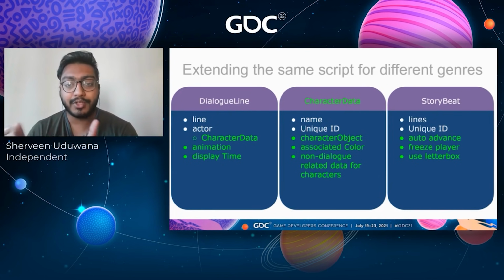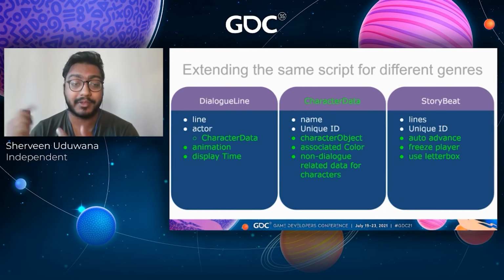And that character data was just this really robust script that moves the characters. It tells the characters what their abilities are, but it also already had references to where the character was in space and what their color was. So it just made a lot of sense to fold that into the system.